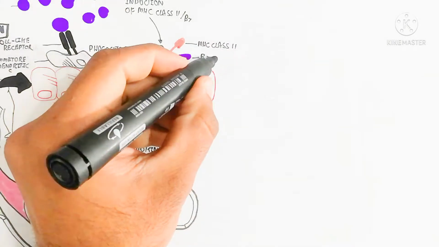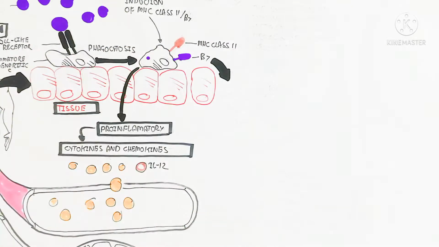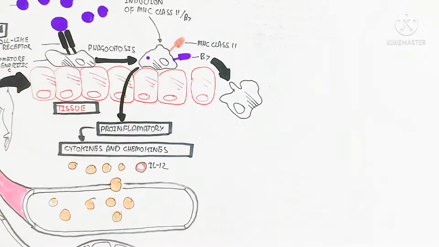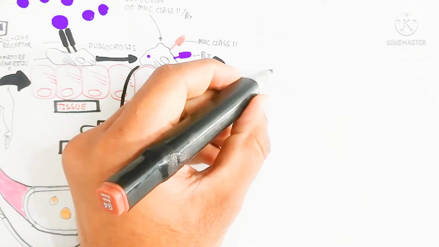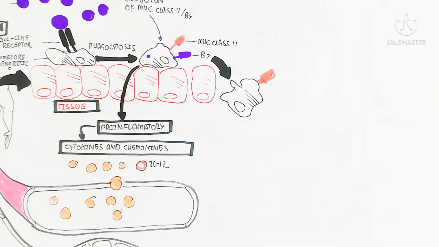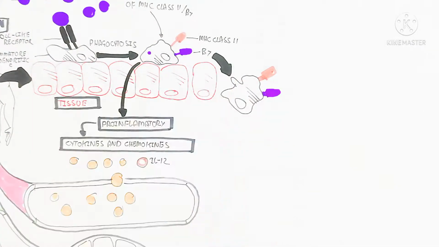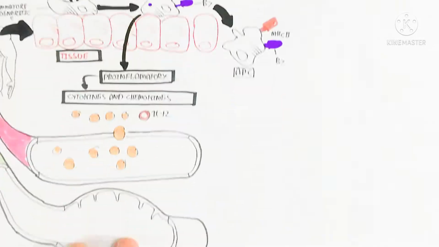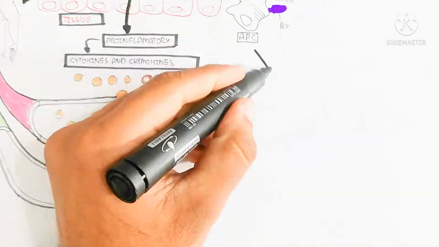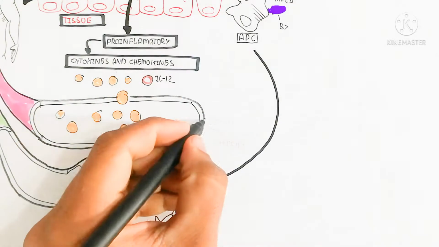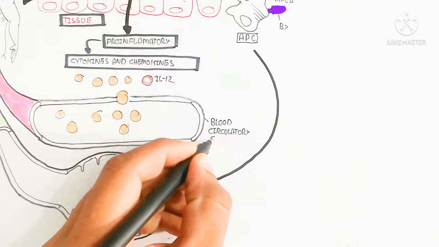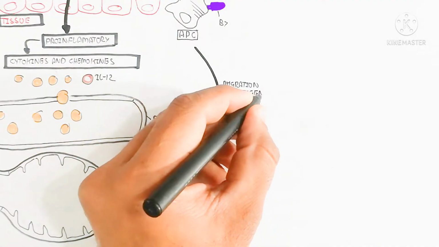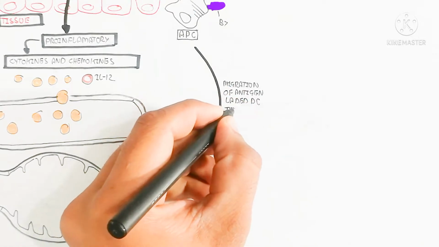The cytokines, chemokines, and interleukin 12 are used for this, and they move into the circulatory system for recruitment of the innate immune response for complete infection clearance. The dendritic cell converts into an antigen presenting cell containing the B7 molecule and MHC class 2 molecules, the major histocompatibility molecule.